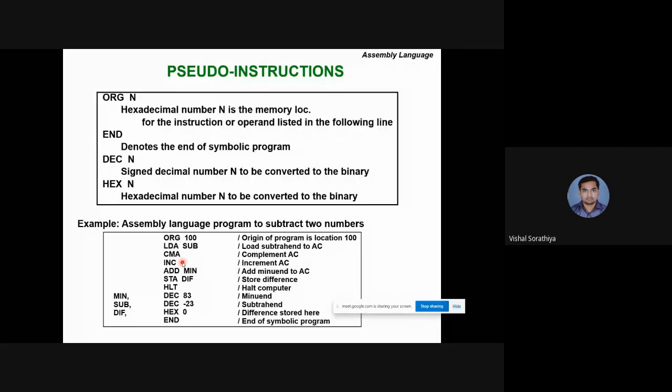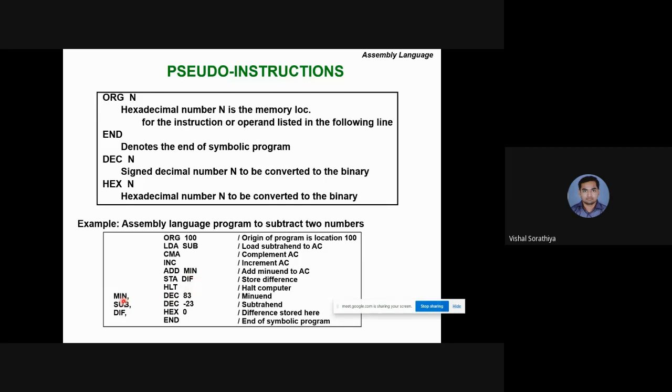So these are pseudo instructions; they do not have any operand. They are directly performed on a specific designated register. You don't need to give anything else with that. It directly understands that when the instruction comes, I need to process it on the accumulator only. But whenever it is related to a particular number, that number is identified by a different label that you have mentioned, either MIN, SUB or DIF.